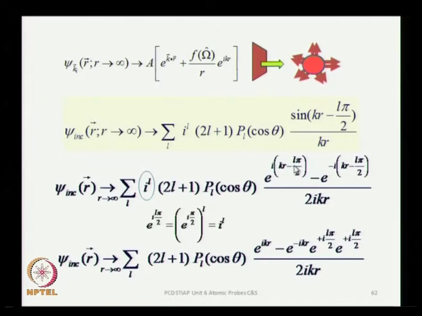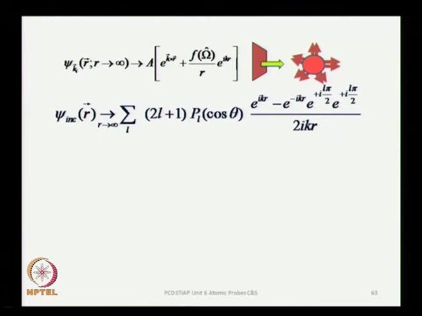So that you can multiply both of these terms by e to the iL pi by 2, that will cancel this e to the minus iL pi by 2, and here you will get e to the iL pi by 2 into e to the iL pi by 2. So you will get an e to the iL pi in the second term, right. So that is what you have got, minus 1 to the L, because e to the i pi is minus 1, right.